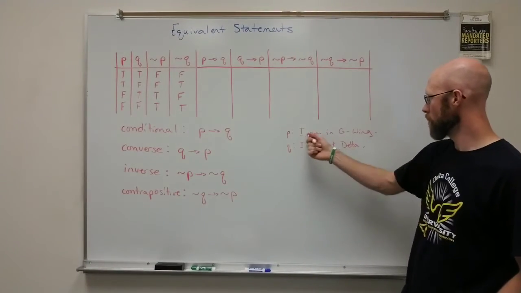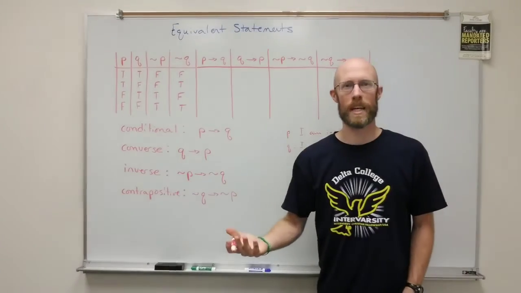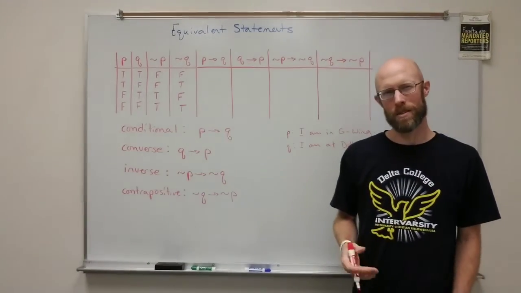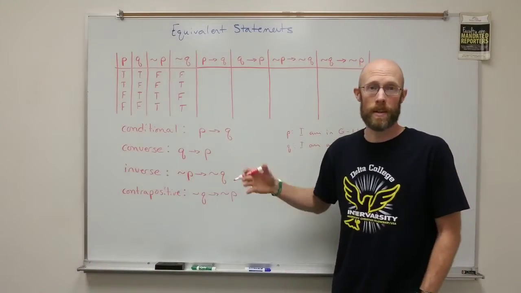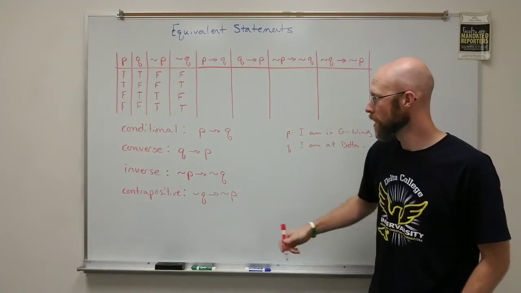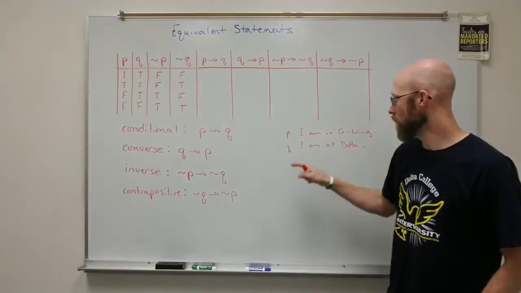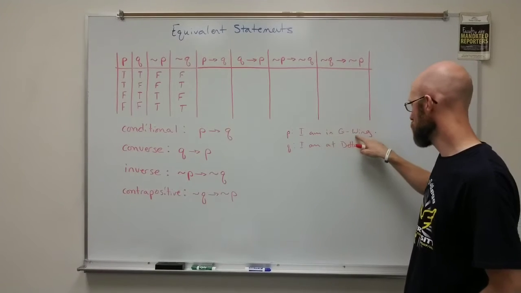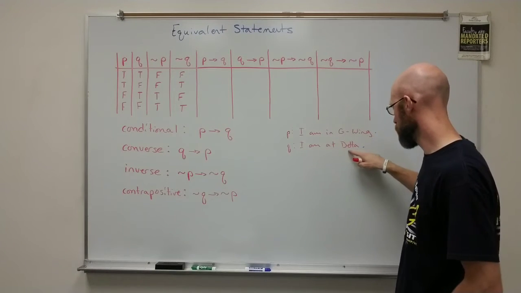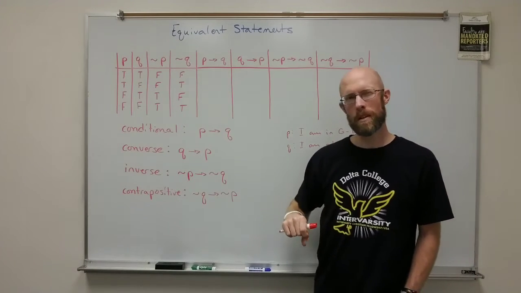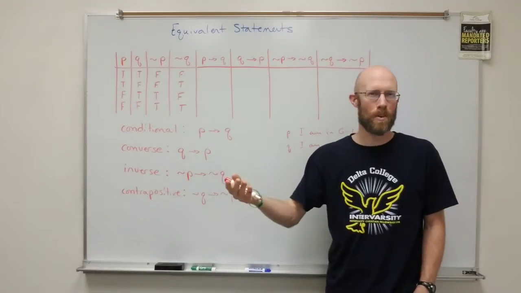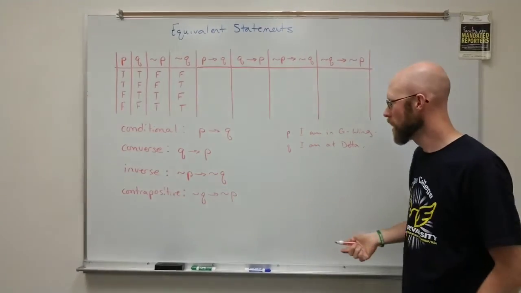The converse, however, not necessarily true. If I'm at delta, then I'm in the G wing. Well, there's other places I could be, so that's not necessarily the same, but it is a statement, right? There's nothing wrong with making that statement. The inverse, if I am not in the G wing, then I am not at delta. No, not necessarily. I could be somewhere else. I could be in A wing or something.